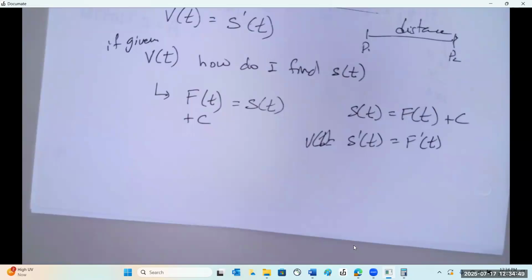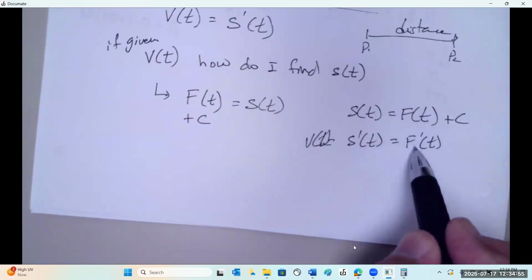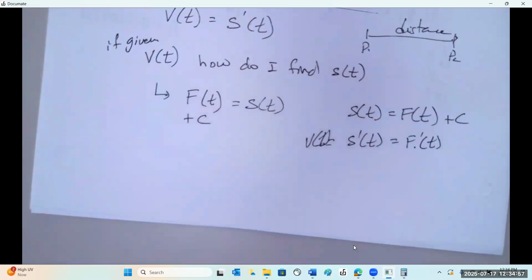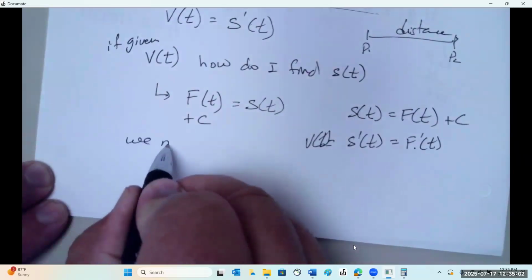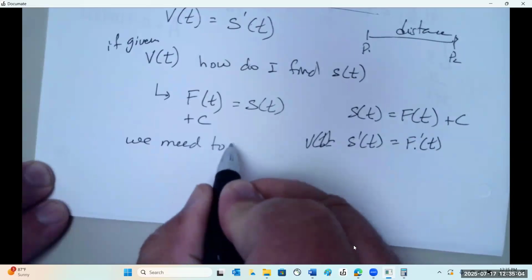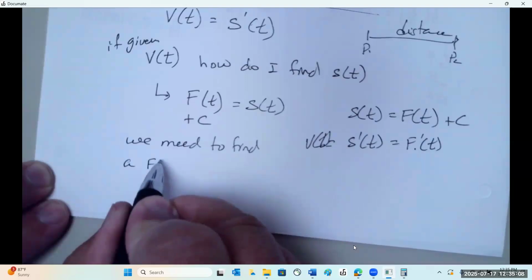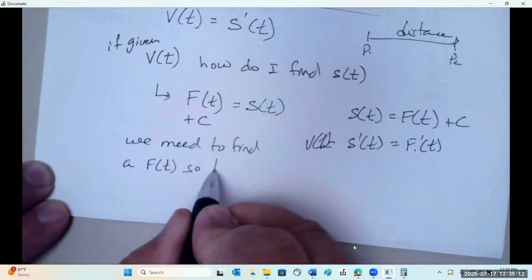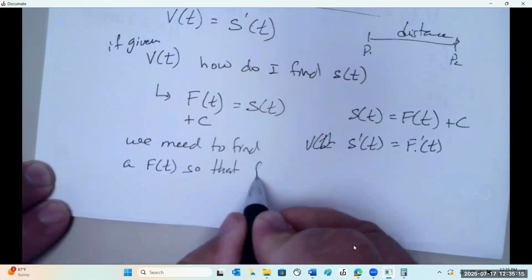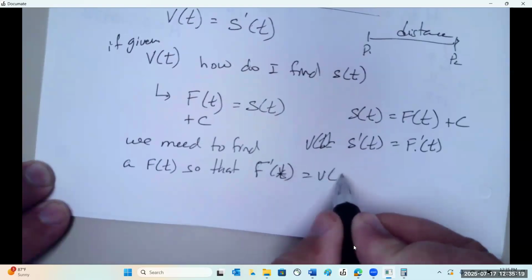So what we have to do is find a function that when we take the derivative of it, it will give us the velocity. That f prime equals the velocity.